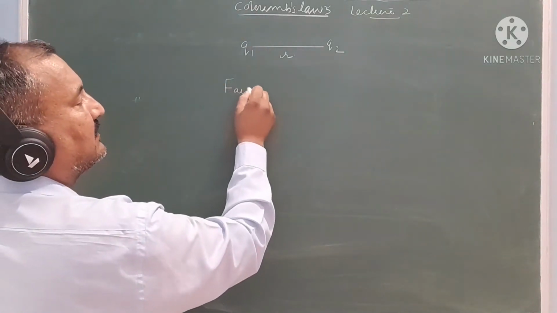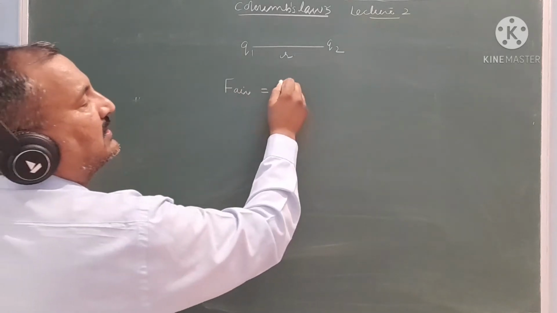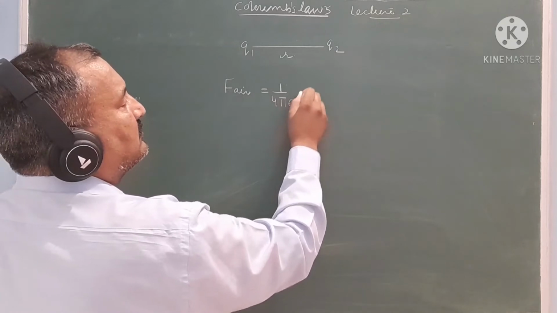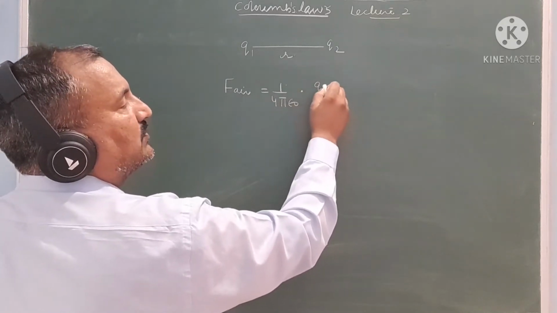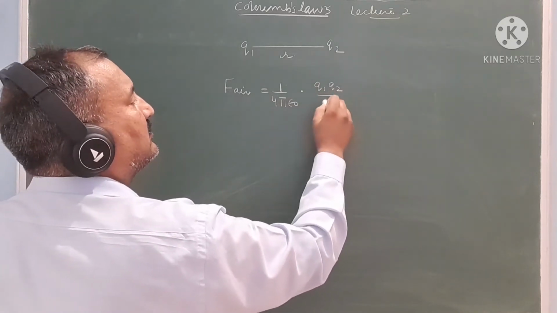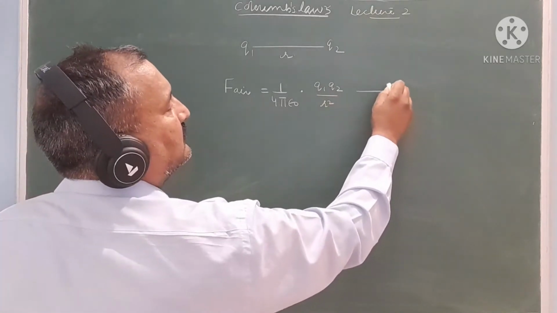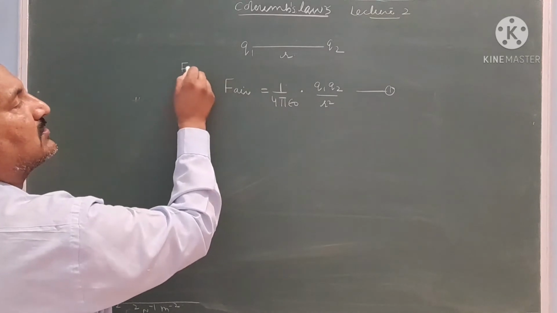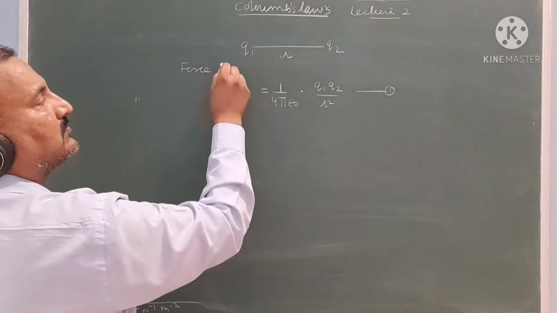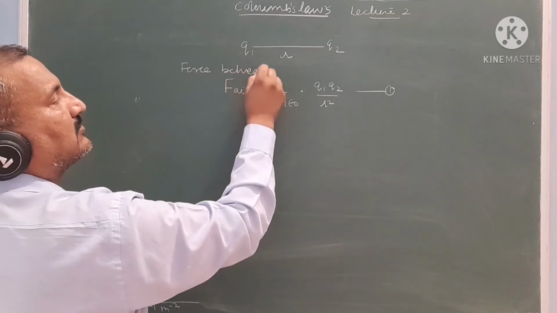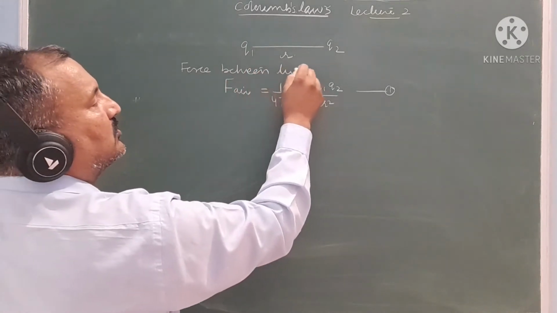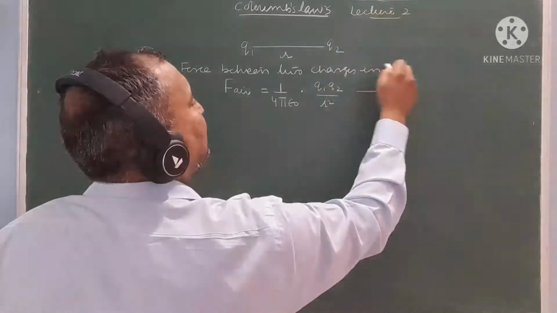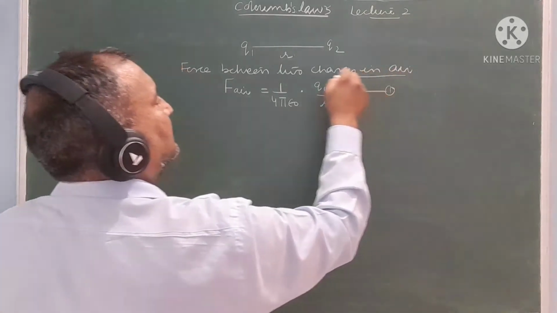We can write air. So the force is 1 upon 4 pi epsilon 0 into Q1 Q2 upon r square. This is the force between two charges in air.